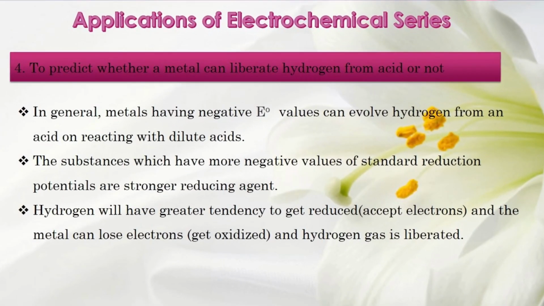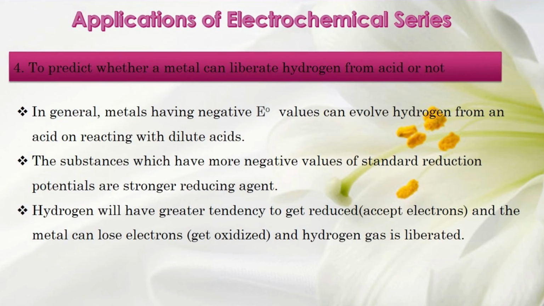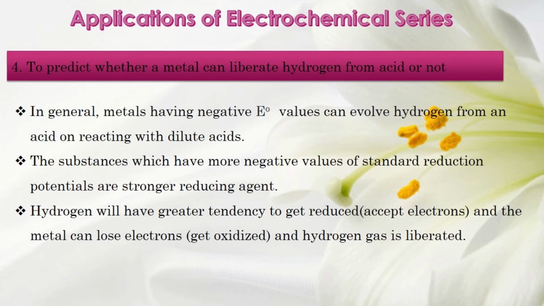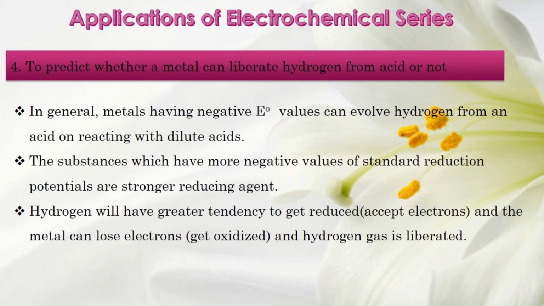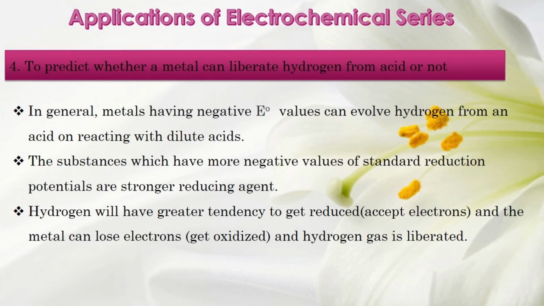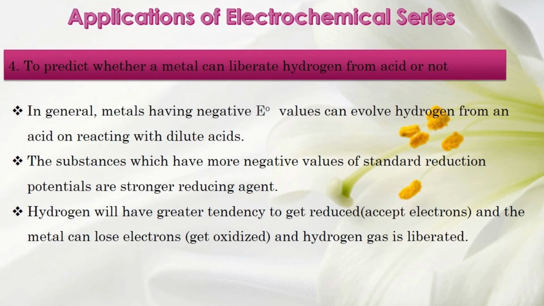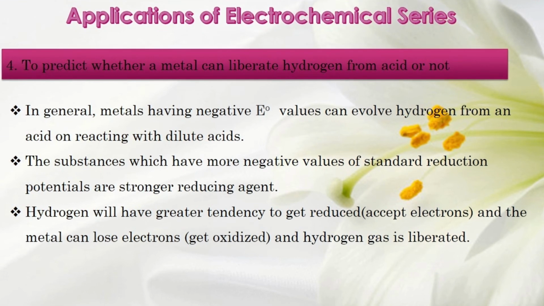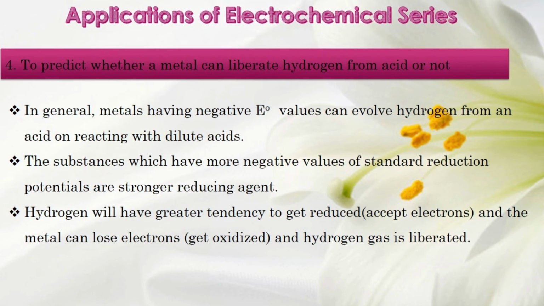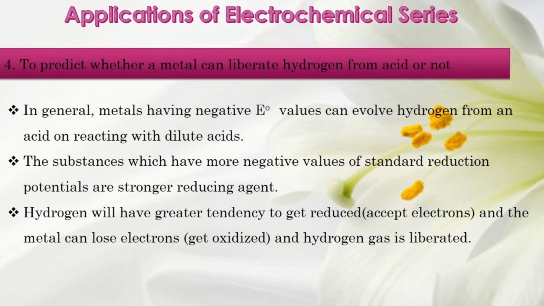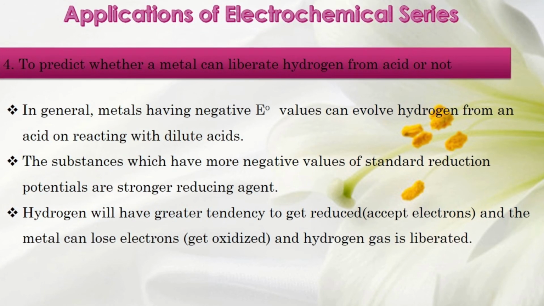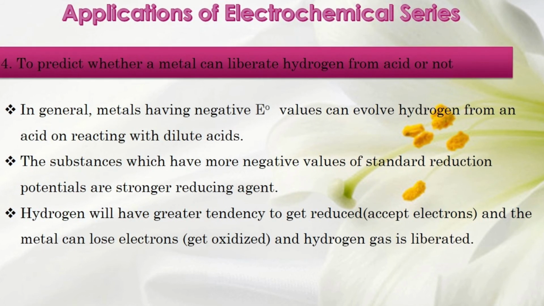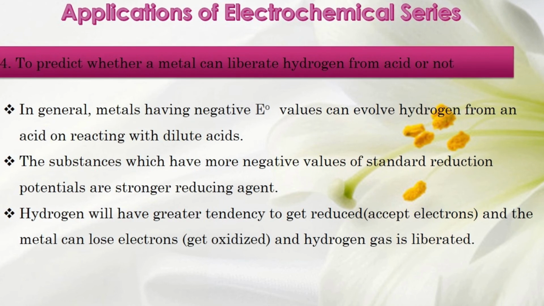The fourth application of the electrochemical series is that it helps to predict whether a metal can liberate hydrogen from acid or not. Metals like zinc, magnesium and nickel can liberate hydrogen from acids like hydrochloric acid, sulfuric acid, etc., while metals like copper and silver cannot do so.